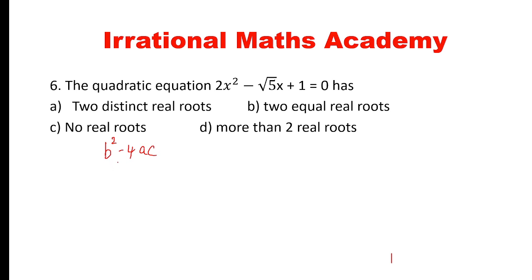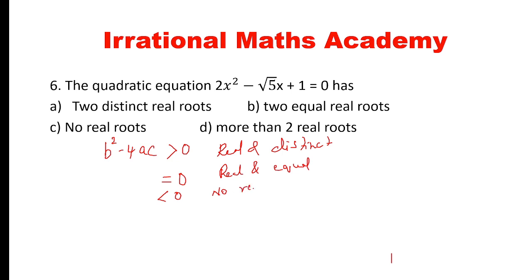If that value is greater than 0, then you can say real and distinct roots. If b square minus 4ac is 0, then it has real and equal roots. And if it is less than 0, a negative figure, then no real roots.